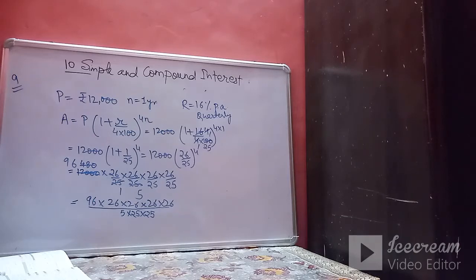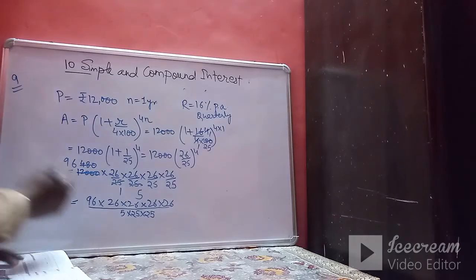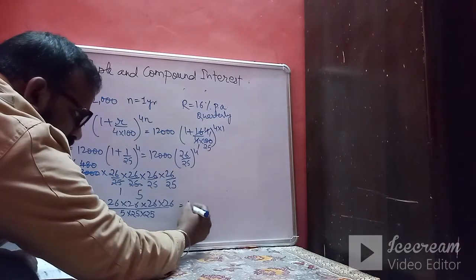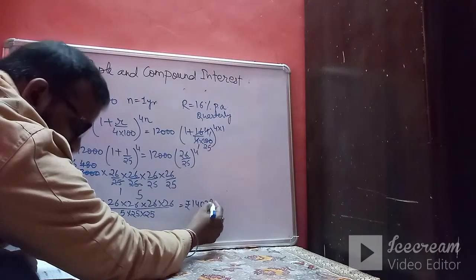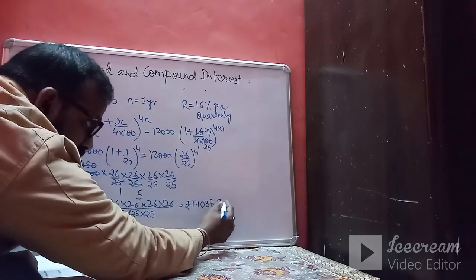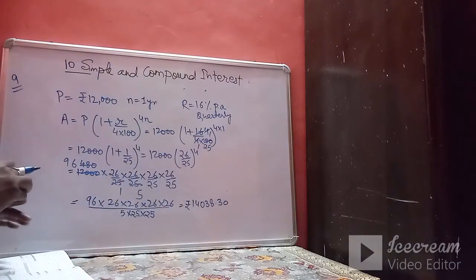Now when we solve it, we will get the answer as 14,038 rupees and 30 paisa. So this will be the amount after 1 year.